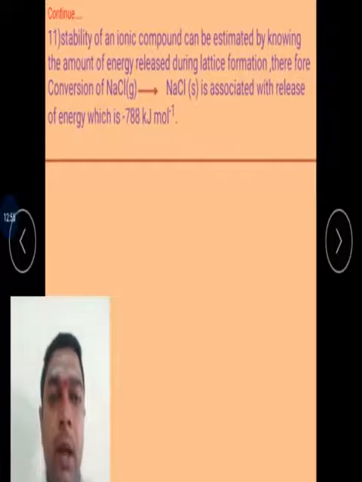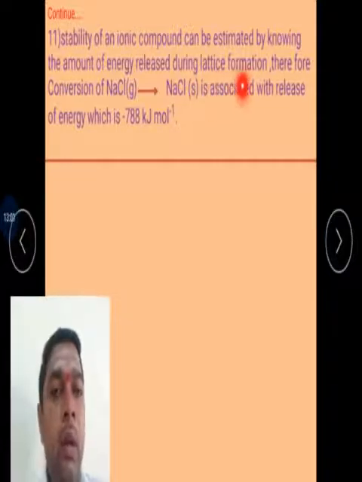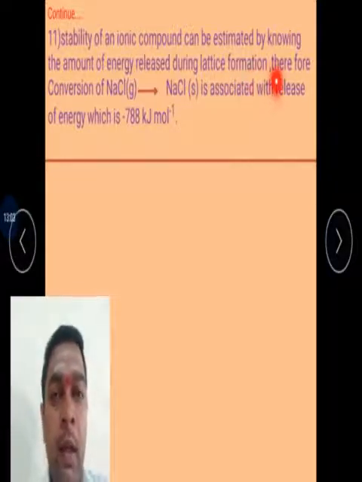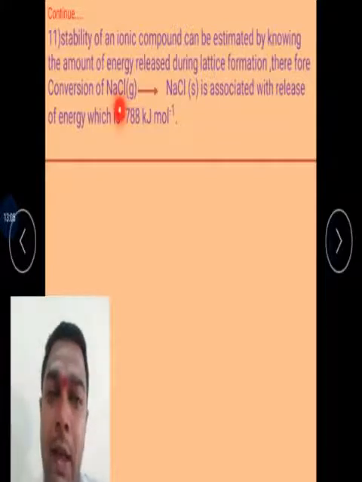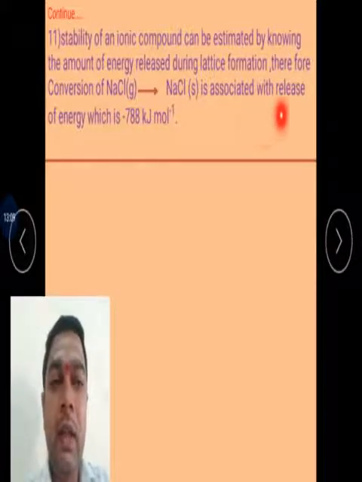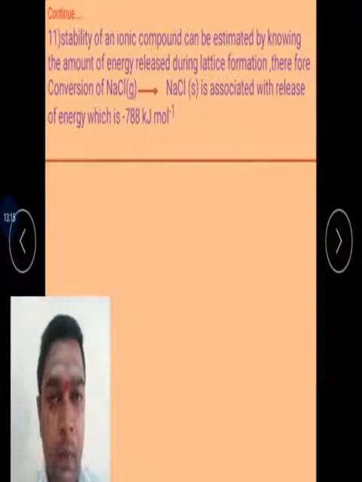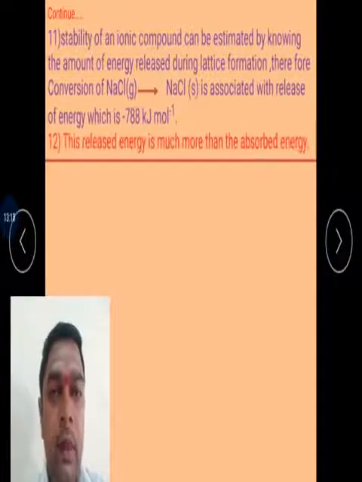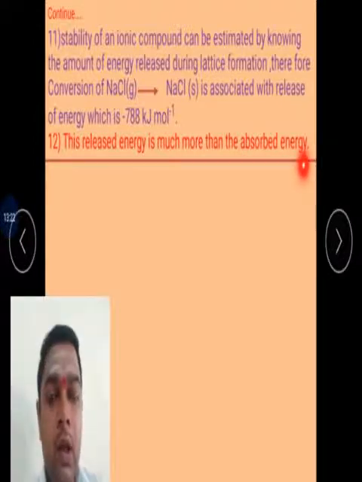The stability of an ionic compound can be estimated by knowing the amount of energy released during lattice formation. The conversion of gaseous NaCl to solid NaCl is associated with a release of energy of -788 kilojoules per mole. This released energy is much more than the absorbed energy.